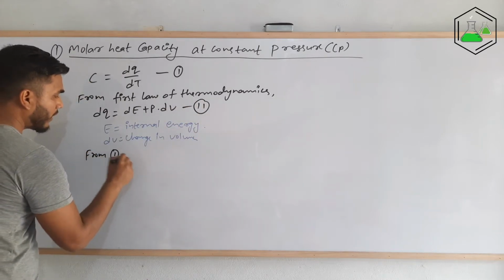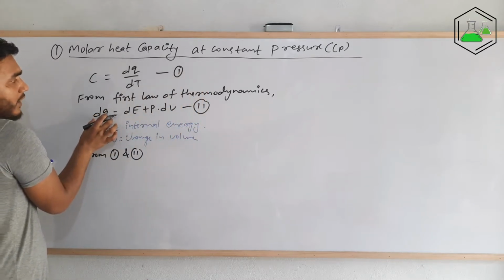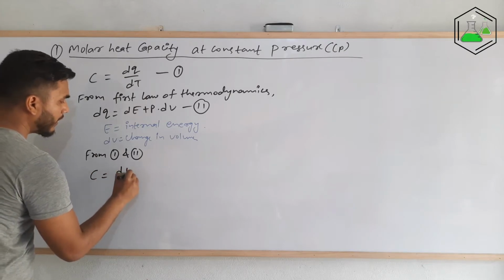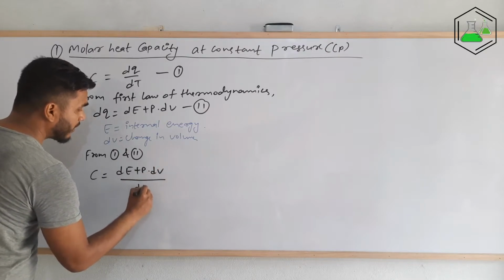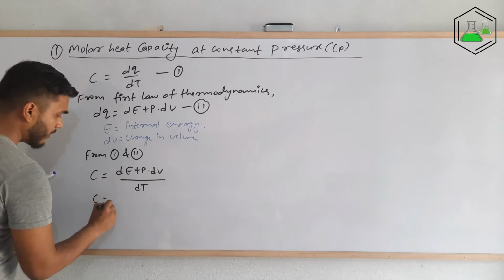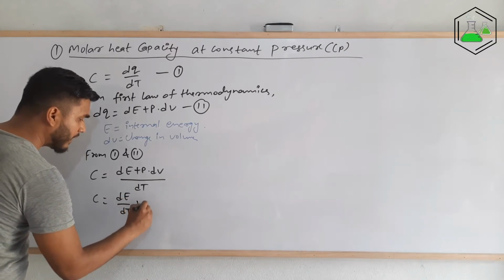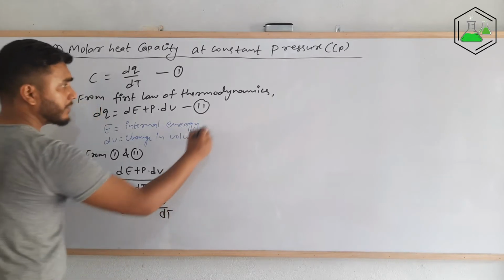From 1 and 2, from these two equations, if we put the value of dq into equation 1, then we get C is equal to dE plus P dV by dT, right? Let's separate them. So it will be dE by dT plus P into dV by dT, right?